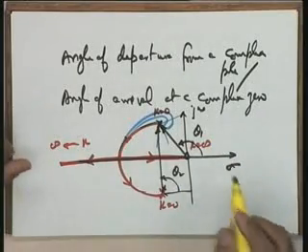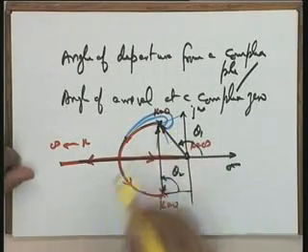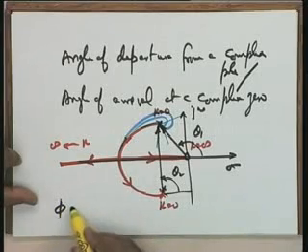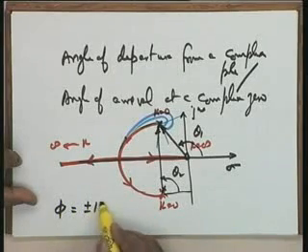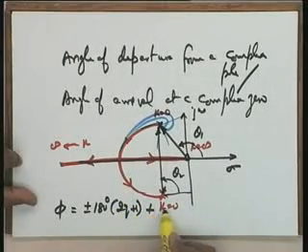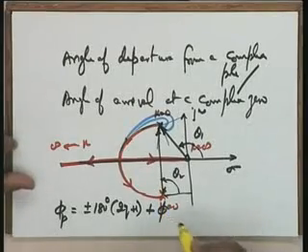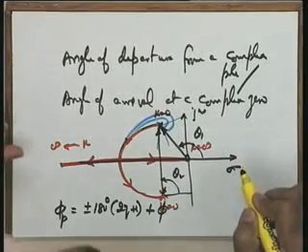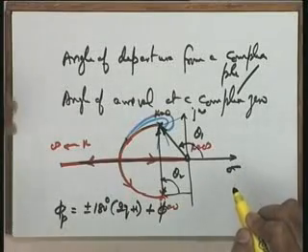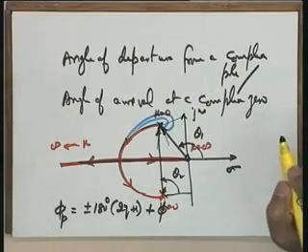And the rule says that the root locus will leave this particular pole at an angle phi equal to plus minus 180 degrees into (2q plus 1) plus phi, where phi is the net angle contribution due to all other poles and zeros at the complex pole under consideration.